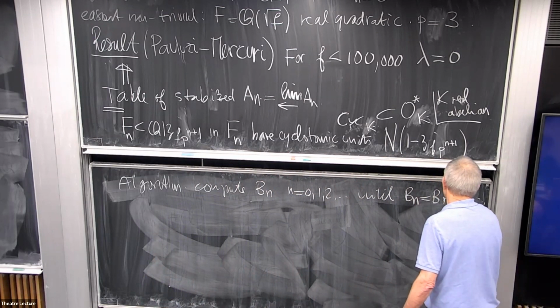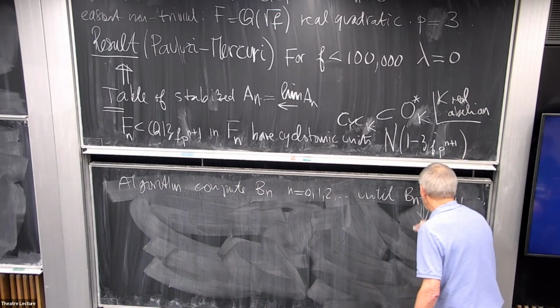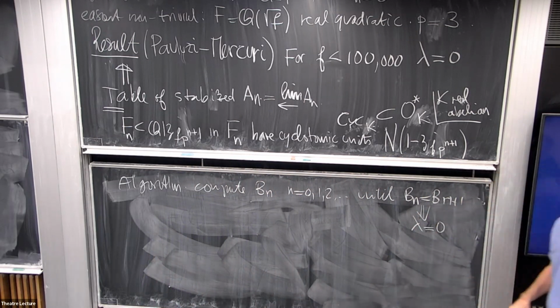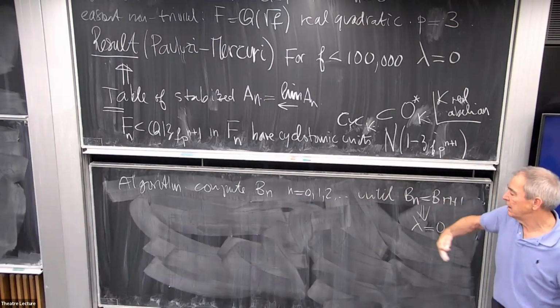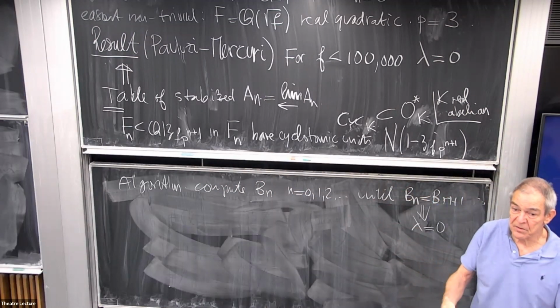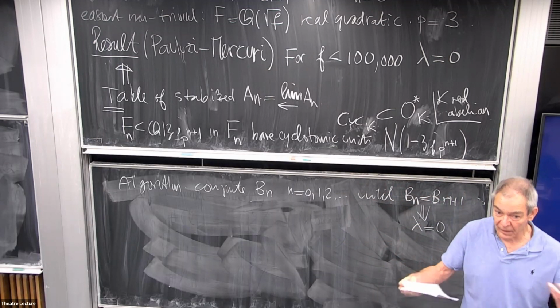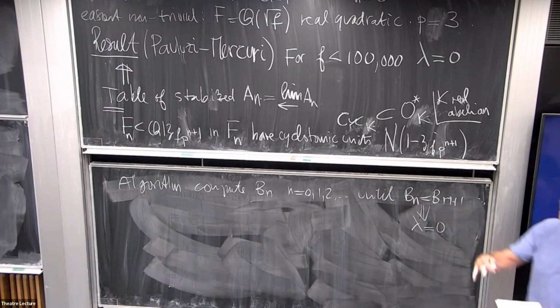And if that happens, hooray, then lambda is 0. And before I explain how we do this, I will ask you if you have suggestions for improvements to our algorithm, because we are a little bit stuck in the big cases.